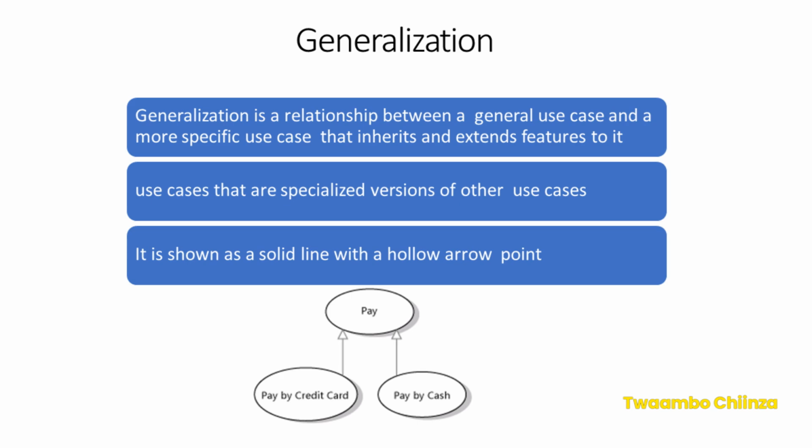Similarly, actors can be generalized, where a common actor is extended by more specific roles. For instance, a user actor can be specialized into student and instructor, both sharing common actions like logging in, but with distinct responsibilities. Both relationships help simplify the diagram by reducing redundancy and promoting clarity.